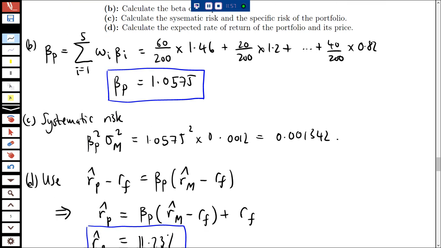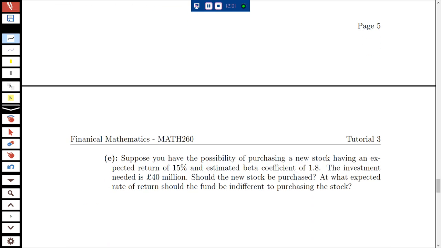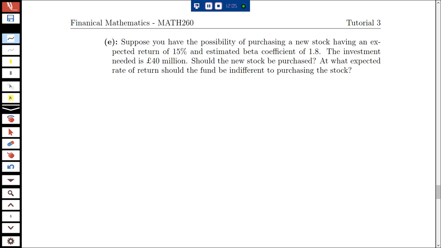How about the next part, is there any more? I believe so. Yeah, part E. It's the last part of this question. Let's take a read. Suppose you have the possibility of purchasing a new stock with an expected return of 15% and estimated beta of 1.8.